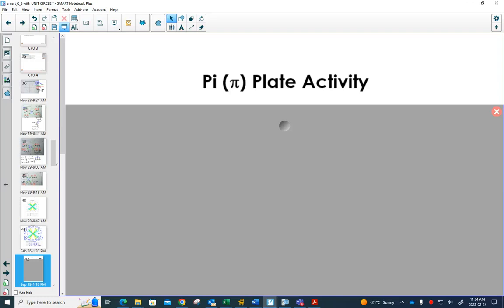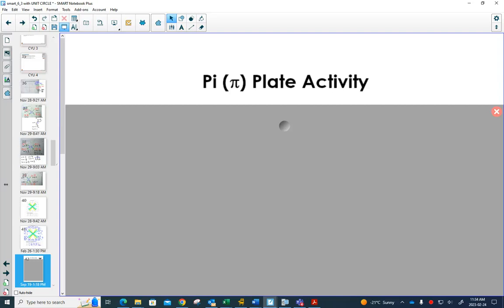So here's an example of a student. They have made the inside their unit circle. Then on the outside, they have all of their radians in dark purple, all of their degrees in light purple, their coordinates in green, their tangent in teal. It's really easy to see all the information and really easy to get all the information off of it.